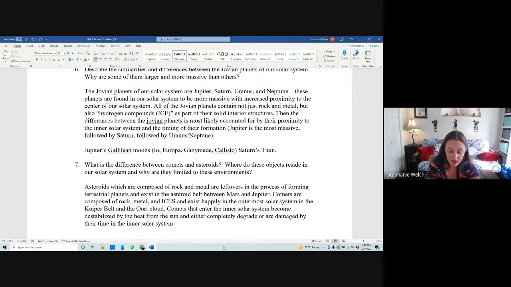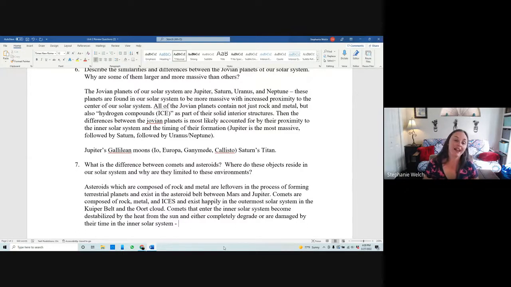And so that is when you get to see the comets that actually have these bright ionized tails. So when you have comets that are actually visible from Earth, particularly without the aid of a telescope, these are comets that have actually entered into the inner solar system, are in this process of completely breaking apart. Either they completely get destroyed or they're going to become partially destroyed.